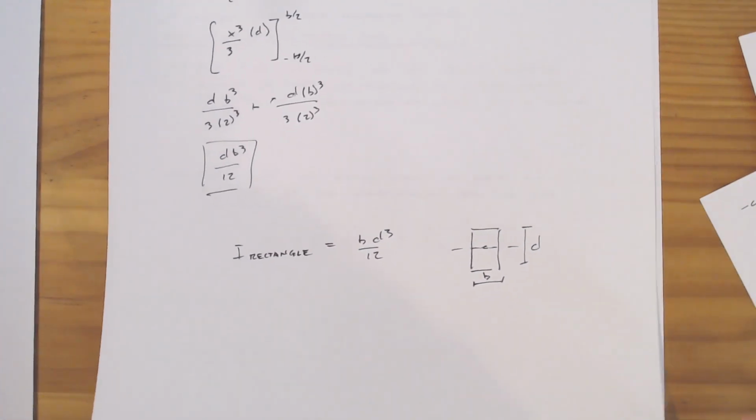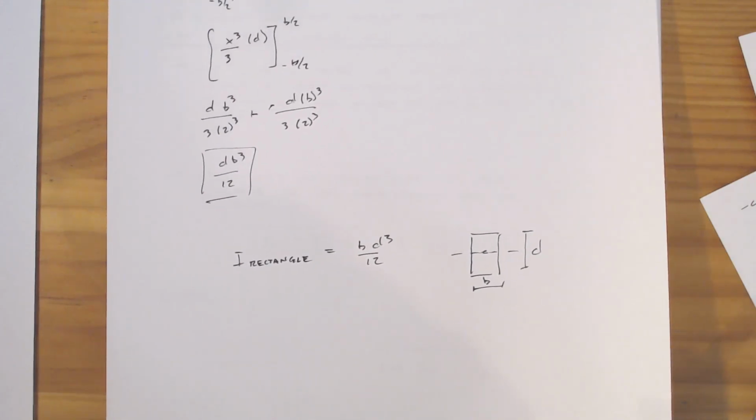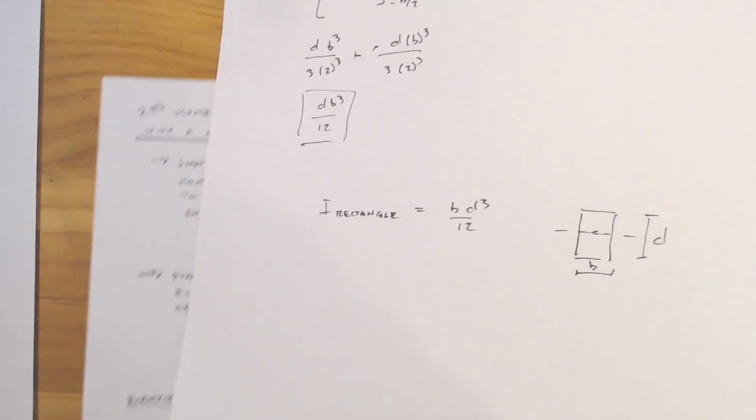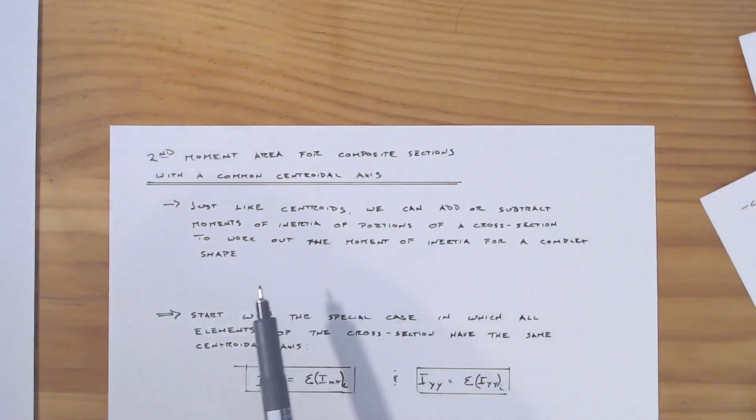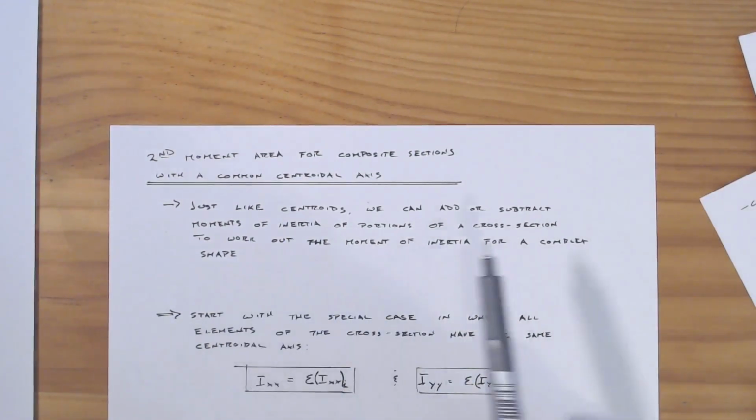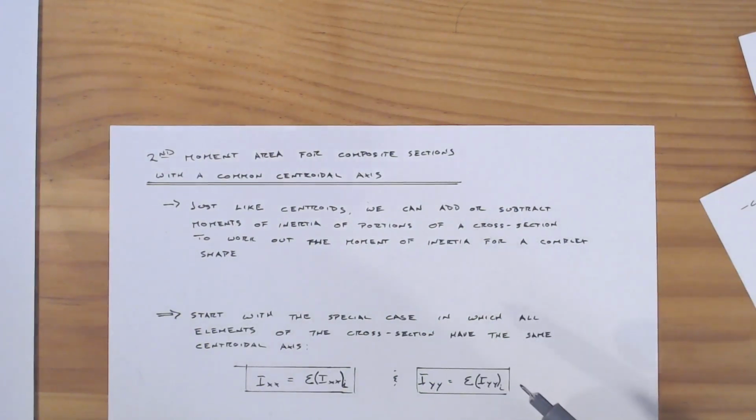So what about if we've got a bit more complex shape? Not everything we work with in structural engineering is a rectangle. And so, just like if we're working out centroids and we're trying to work out the areas, we can add and subtract each little component to get the sum of our area.